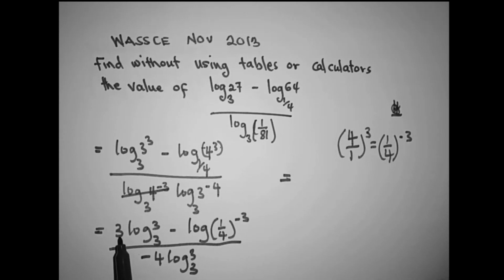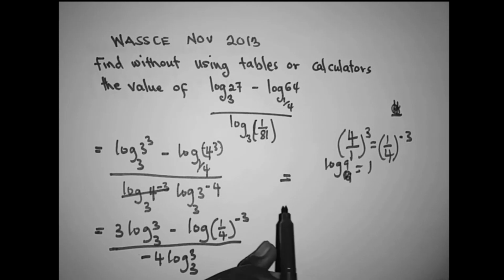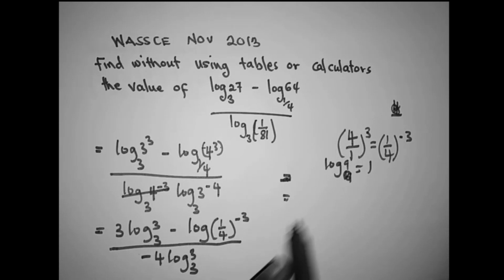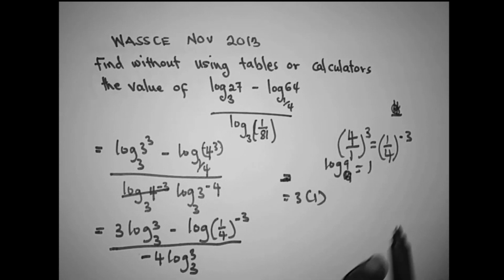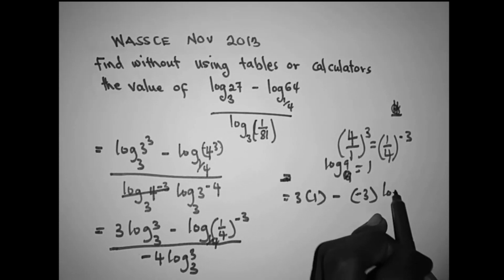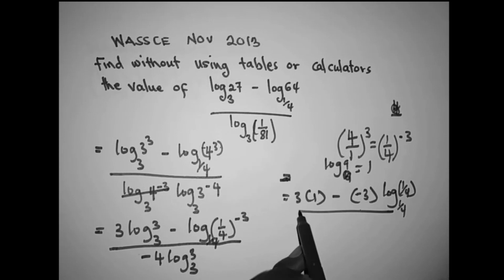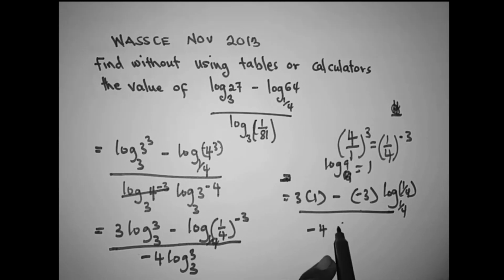So let me continue from here. Log a base a is equal to 1. So this is equal to 3 times log 3 base 3, which is 3 times 1. Then, remember here is base 1 over 4. So minus log, I'm pushing the minus 3 down. Minus 3 log 1 over 4 base 1 over 4, and divided by minus 4 log 3 base 3.